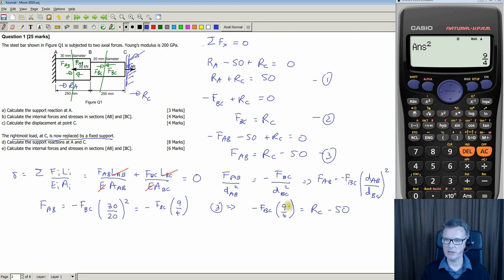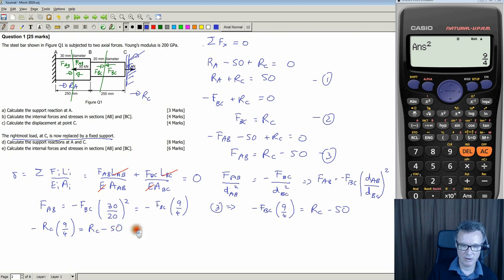So I want to make this kind of match equation 2. Actually, no, it's easier than that. Just substitute in RC to there. So we've got minus RC 9/4 equals RC minus 50.